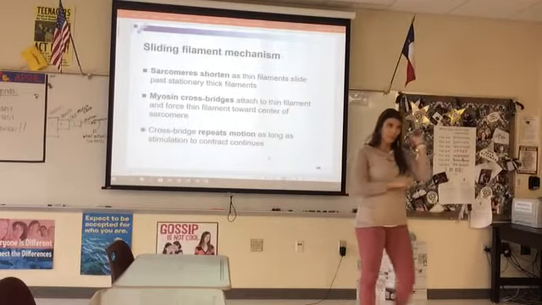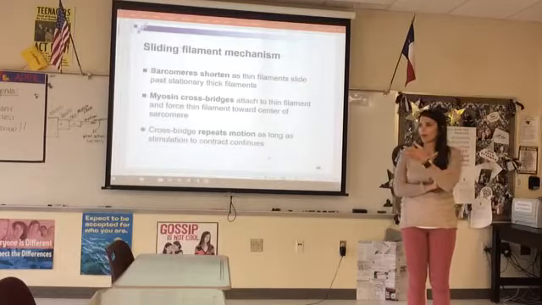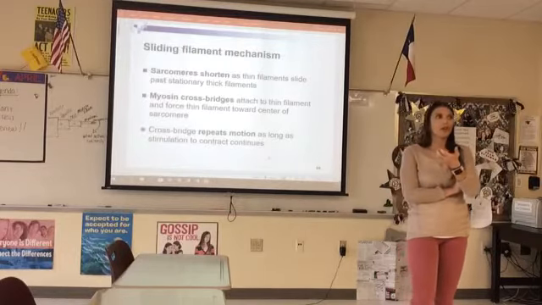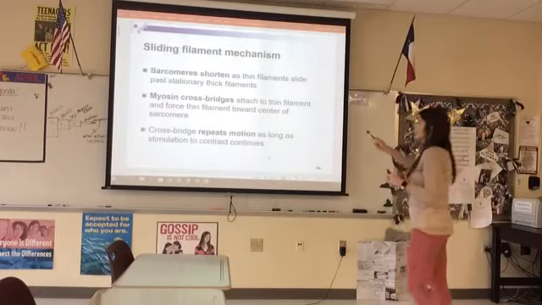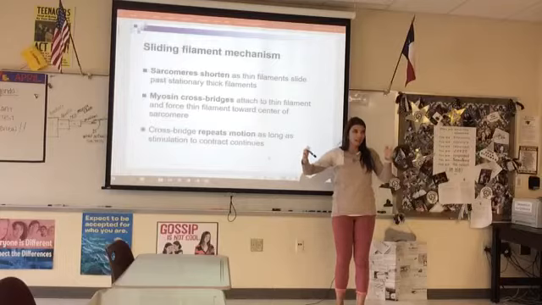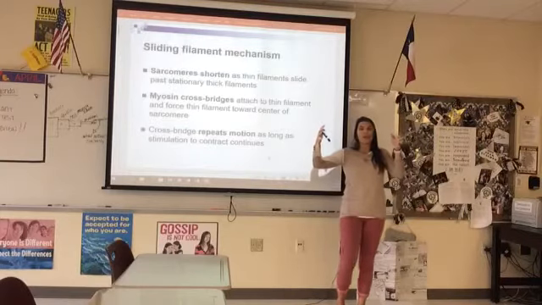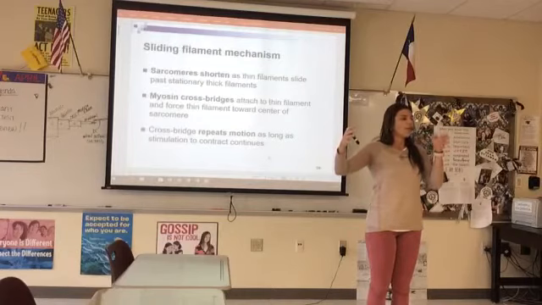I also mentioned that anything that has the root myo or sarco is related to the muscle. Then I wanted to show you the video of the physiology of a muscle contraction before I explained it. All right? So we looked at the sarcomeres, and we understand that their anatomy is Z-line to Z-line, and that they are composed of both thick and thin filaments. The thin filaments are anchored on the Z-lines.